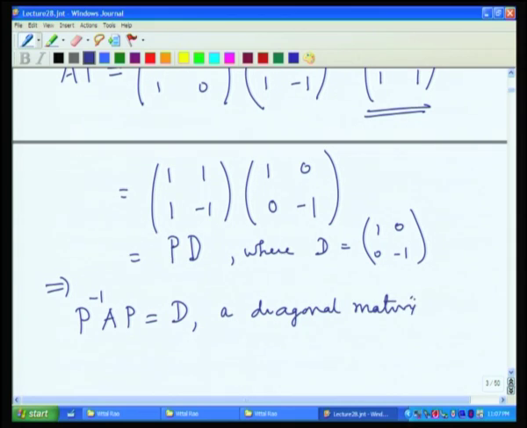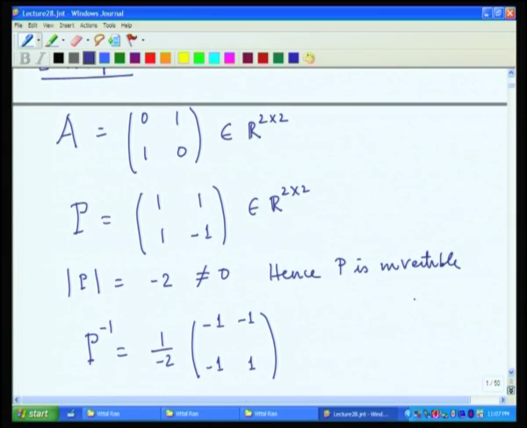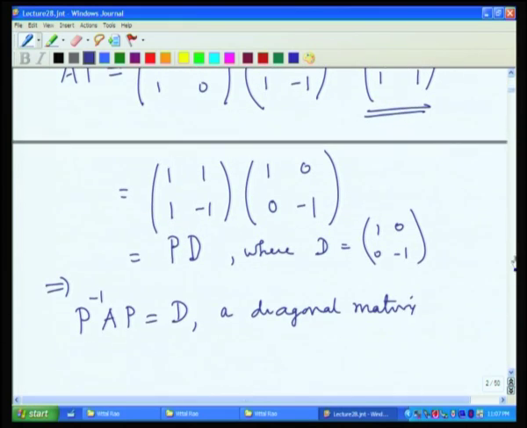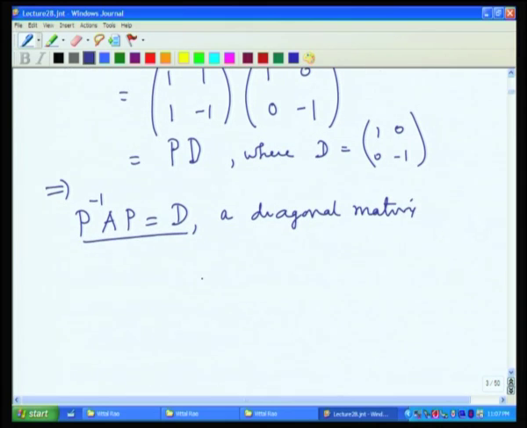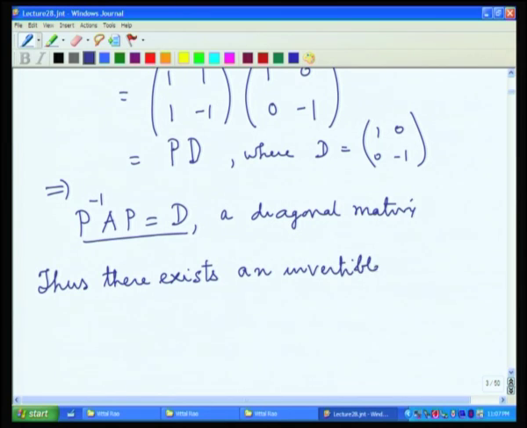Hence, we have an example here of a 2 by 2 real matrix A for which we are able to find a P which is invertible and P inverse A P is diagonal. This is the question we raised, whether we can find such a P. In this example, we have found such a P. There exists an invertible P in R 2 by 2 such that P inverse A P is a diagonal matrix.